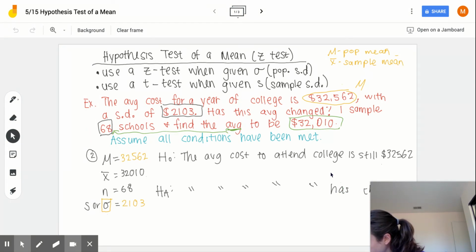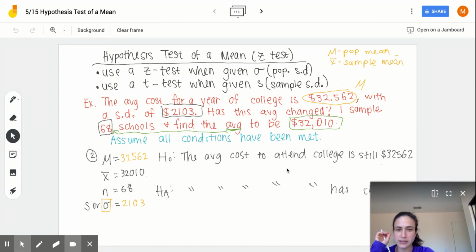These quotes just mean that you're repeating the same thing. Even though it's clear in reading our X bar that it's gone down in our sample, the hypothesis is that it's changed. It says has changed. So since our hypothesis is that it's changed, we need to make sure that that's what we put here, not that it's gone down.